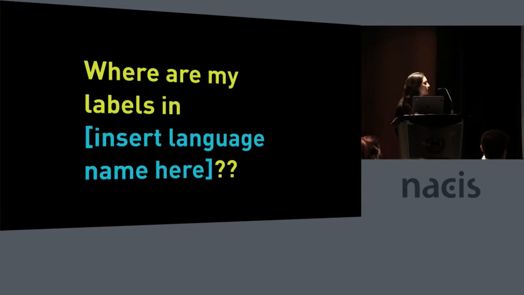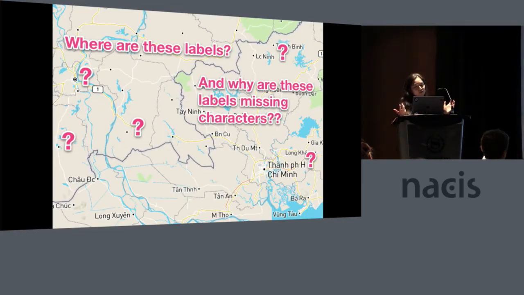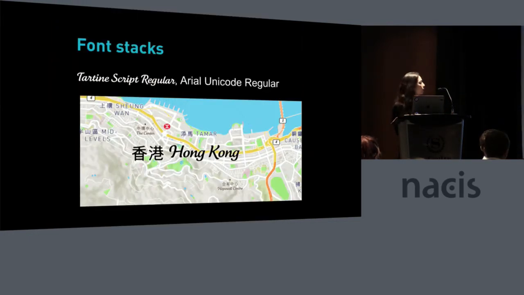The most basic concern is making sure the labels are actually visible on the map. If you have all the language data in the world, it doesn't matter if you don't use a font that can support all these languages. That's a little bit harder than it sounds because font files can't actually contain all the information to support all languages. So in our renderers, we handle this by declaring font stacks in a style.